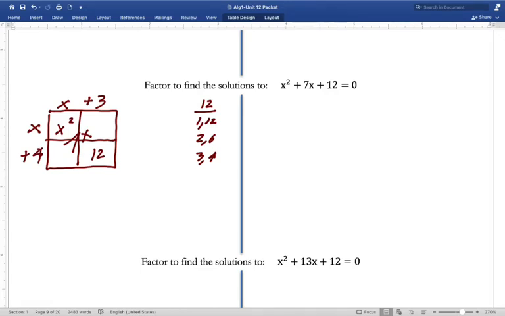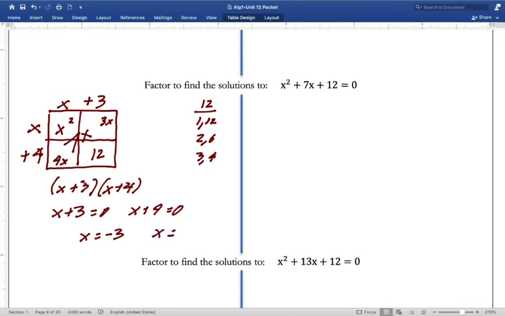Because 3 times x will give us 3x, and 4 times x will give us 4x. So that's what I need. So my factors are x plus 3 and x plus 4. And if I set both of those equal to 0, I'll get solutions of -3 and -4.